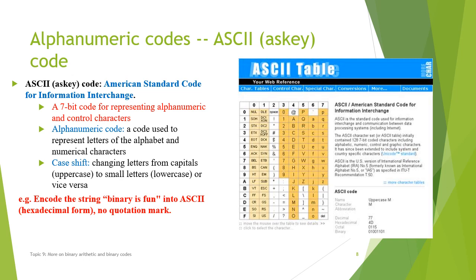The last code system I want to talk about is the ASCII code. The full name is American Standard Code for Information Interchange. This is the kind of standard code system used in different data processing systems, including computers and the internet.